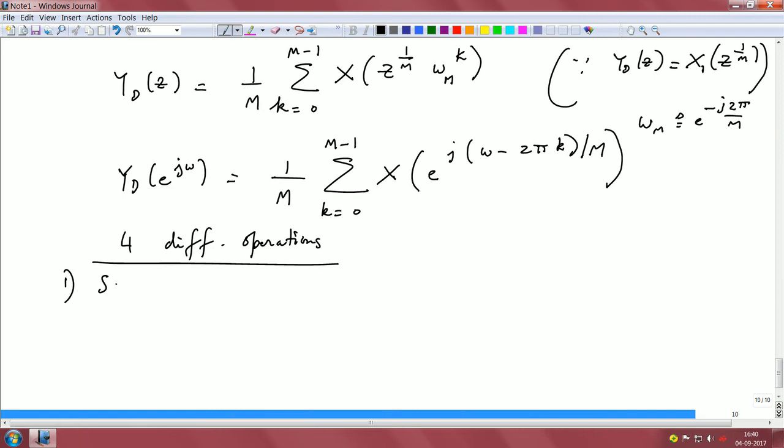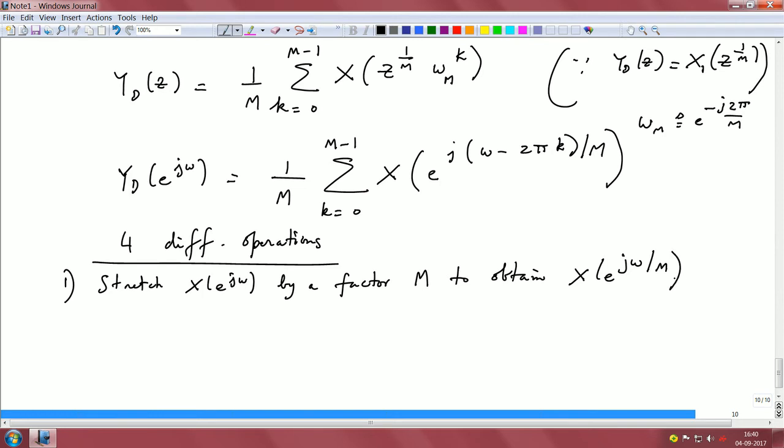One, you stretch X of e j omega by a factor m to obtain X of e j omega upon m, right. I mean the m is in the exponent. Then we create copies, that is m minus 1 copies of this stretched signal.